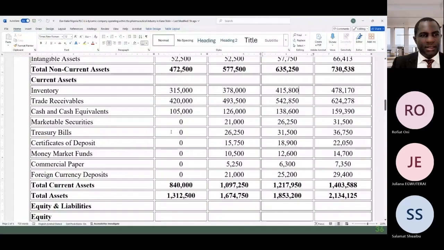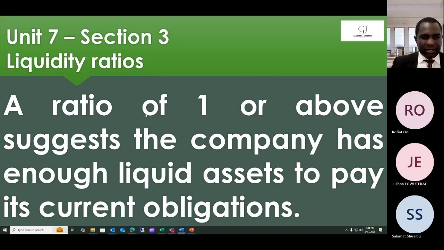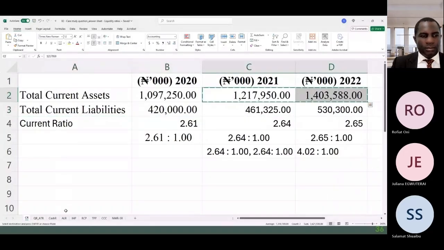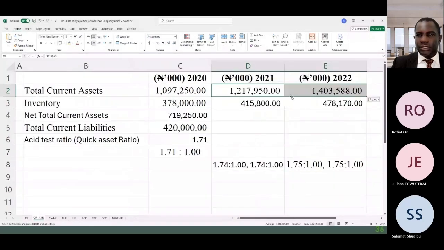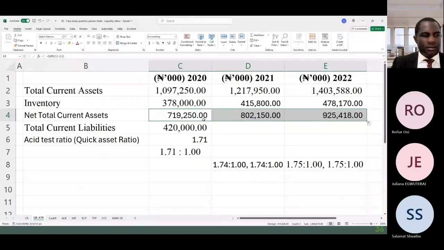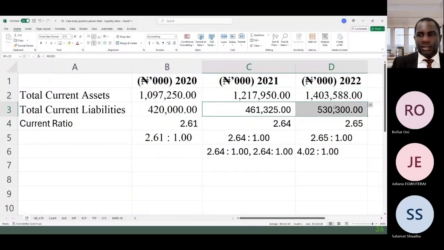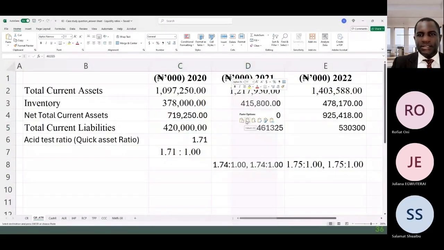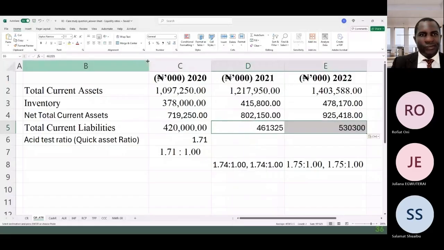So let me validate that. I'll just go and remove inventory. And I want to agree with both of you. So I'll just come here and pick my current assets. Fantastic. So I'll have the net. So I'll come again and pick the total liabilities, which is this.